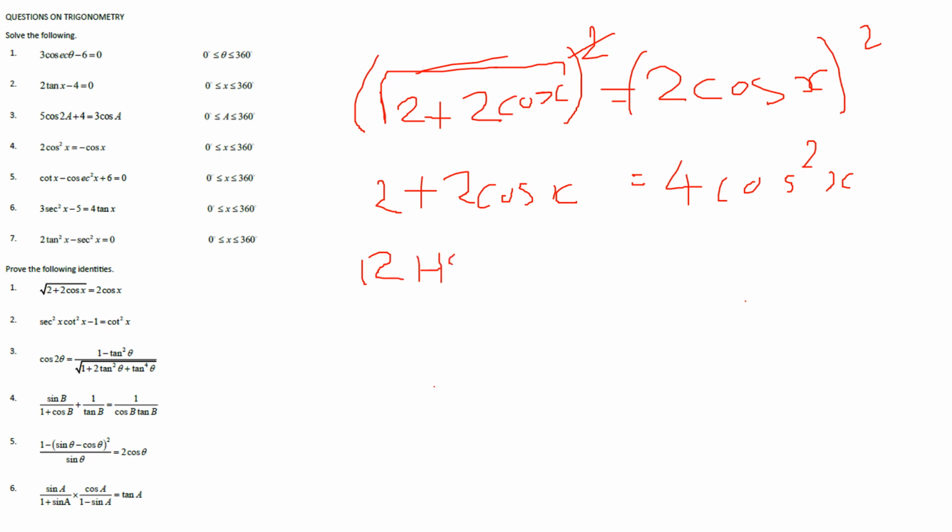In my right hand side I have 4 cos squared x. So how can I simplify? Okay, so here I actually can see the way that I can prove this identity is equal to this one.